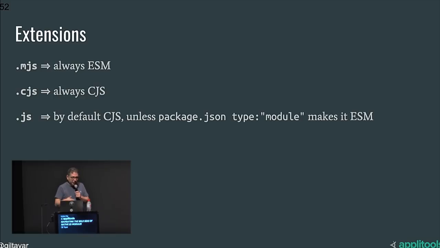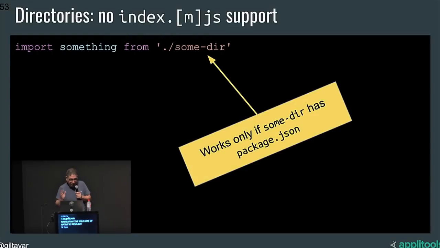So you have this. .mjs is always ESM code. .cjs is always CJS. And .js is by default CommonJS. But if we have type module, then it's ESM. Weird, but like every compromise, nobody is really happy, which is good.